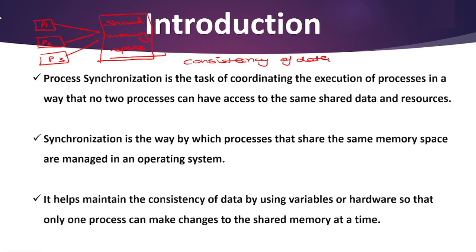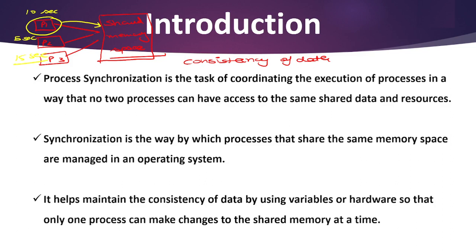Let's say process P1 wants the shared memory for 10 seconds, process P2 wants it for 5 seconds and process P3 wants it for 15 seconds, right? So, at the particular time when process P1 is using the memory, no other process is allowed to make changes in this memory. This is the process that we do with synchronization.